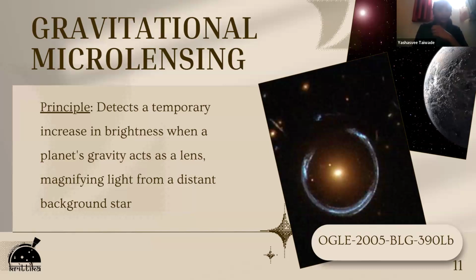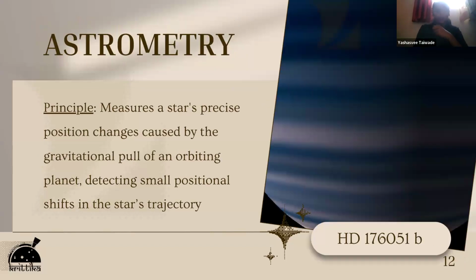So the presence of a planet increases the brightness of the background star, thus also giving us a hint that there might be something more to that star, probably an exoplanet.